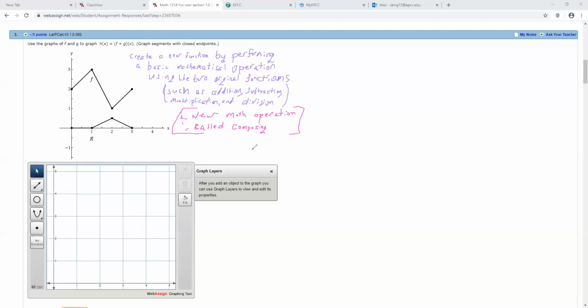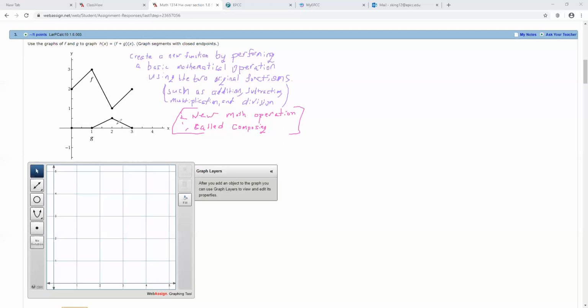Okay, so one thing we can do is instead of creating the new function as a formula, which we'll do in a few minutes, to create just the new graph of the new function. So in this particular problem, number 3, they give us the graph of one original function, if you will, and it's called f, this upper one.